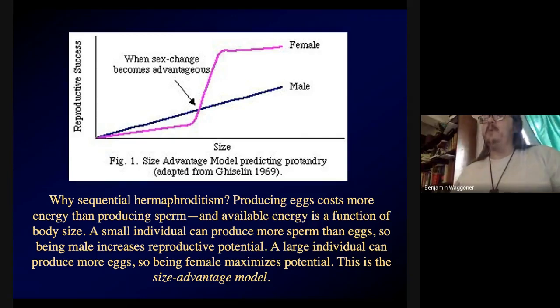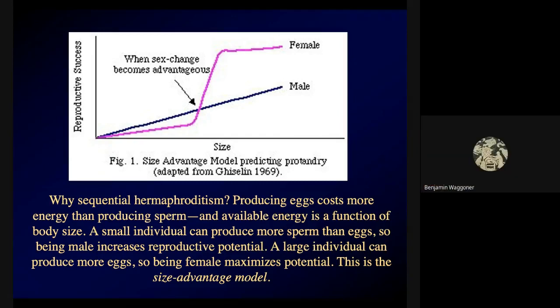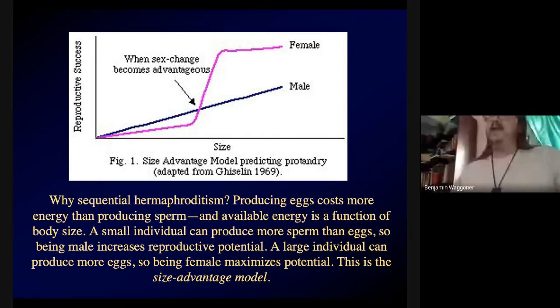If you make the smaller, simpler gamete, the more gametes you produce, the greater your odds of reproducing. So you'll have better luck if you're small and male than if you're small and female.